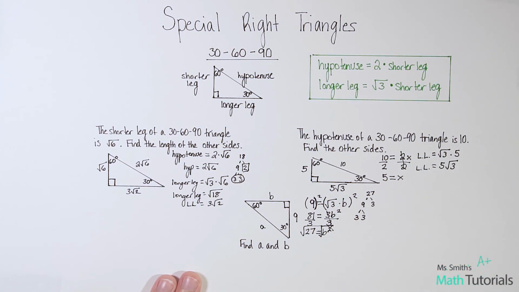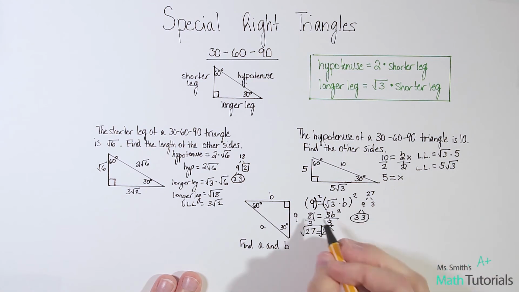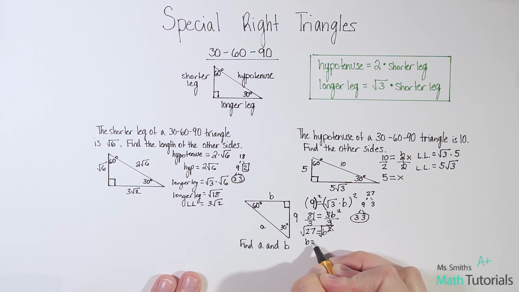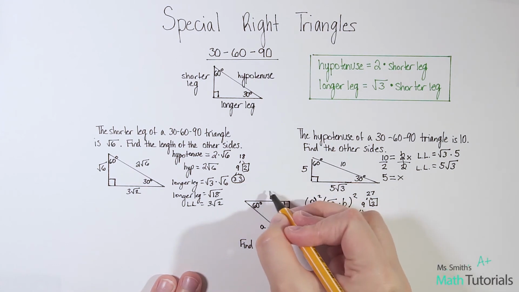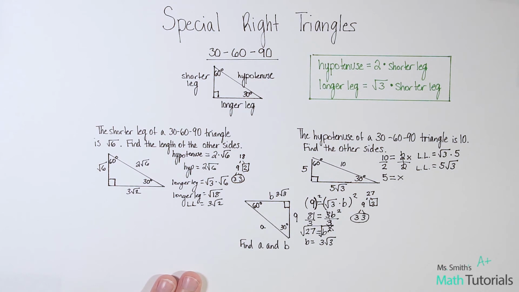I could break 9 down to 3 and 3. Remember, I'm looking for pairs, sets of 2. So there's one pair, that's a 3 that gets to come out. So we got b equals 3 times the square root of the 1 3 that's left over. So I know b now, it's 3 square root of 3. Okay, I just need to figure out what a is.